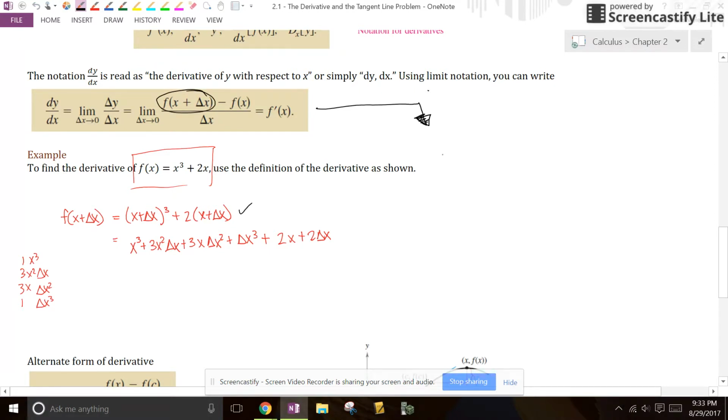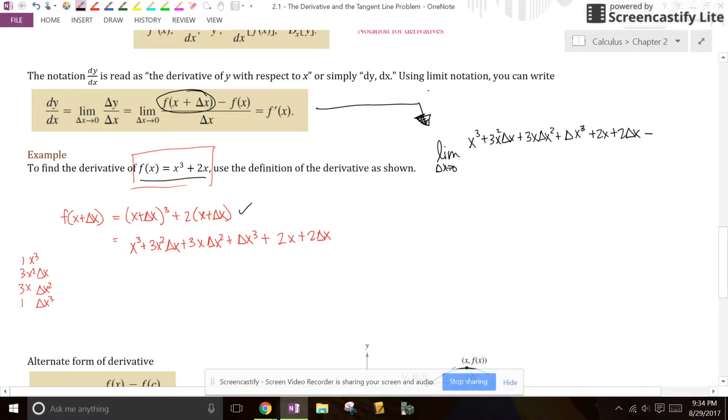It's the limit as delta x heads to 0 of all that stuff: x cubed plus 3x squared delta x plus 3x delta x squared plus delta x cubed plus 2x plus 2 delta x. So that was all of that, and then minus f of x.